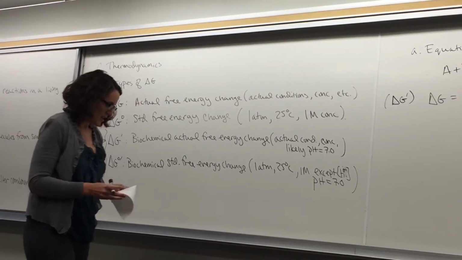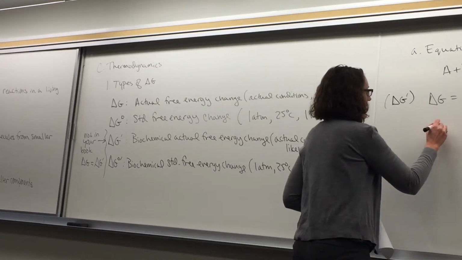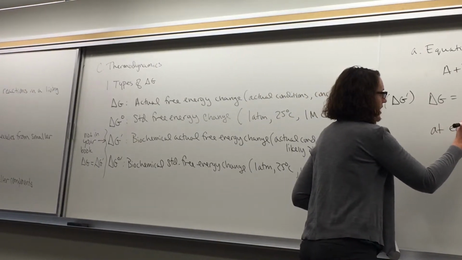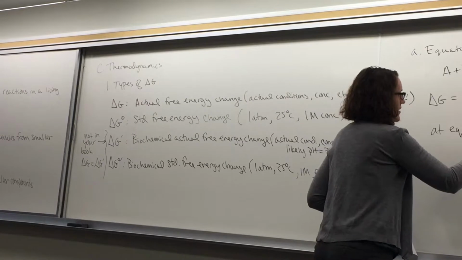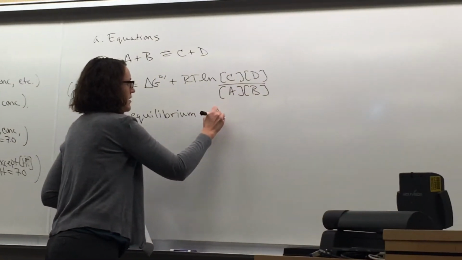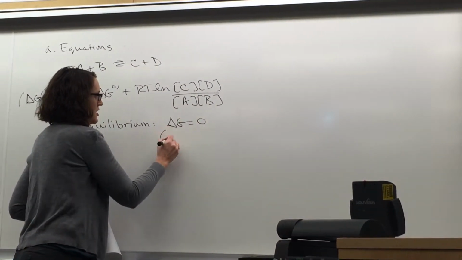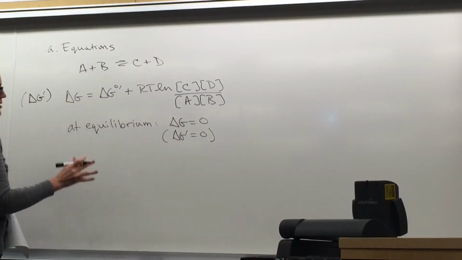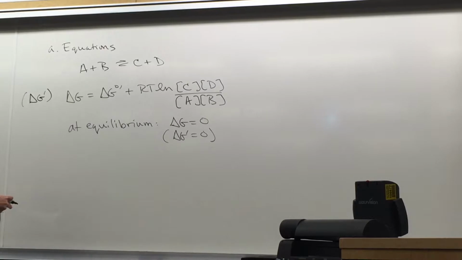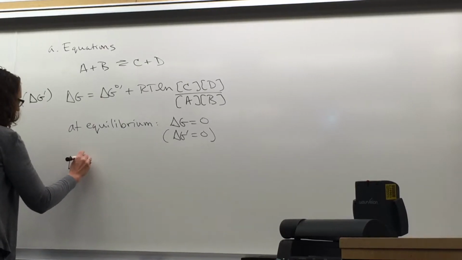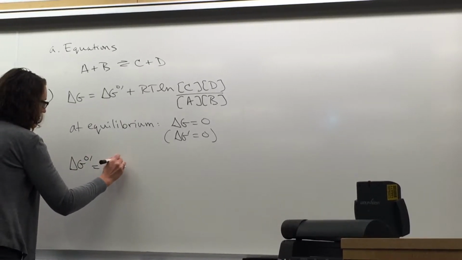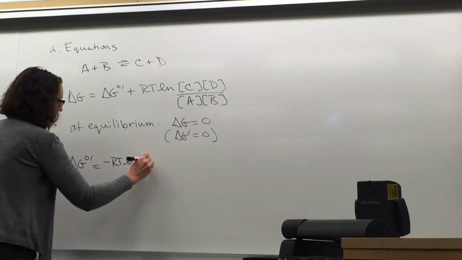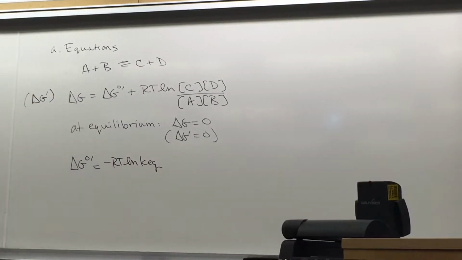If we are at equilibrium, however, we can simplify it further. So delta G equals 0, and again, delta G prime then equals 0, so then we simplify that particular equation to minus RT ln KEQ.